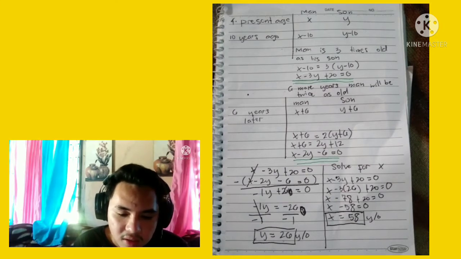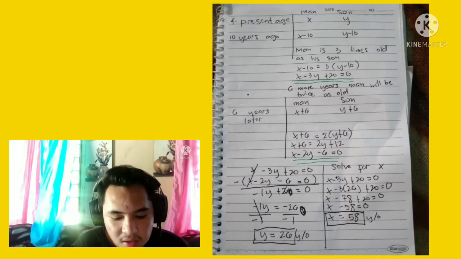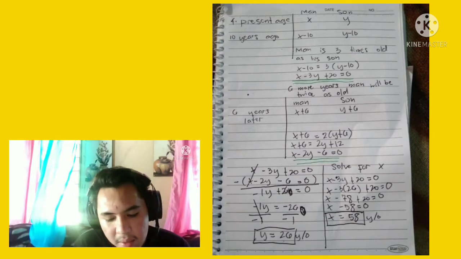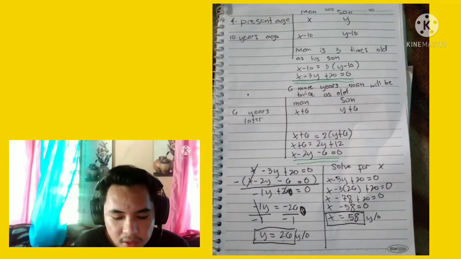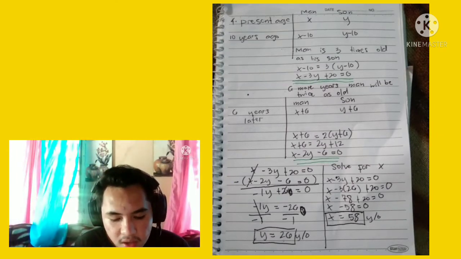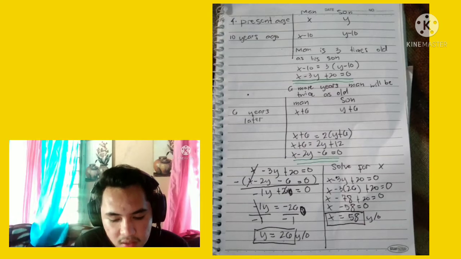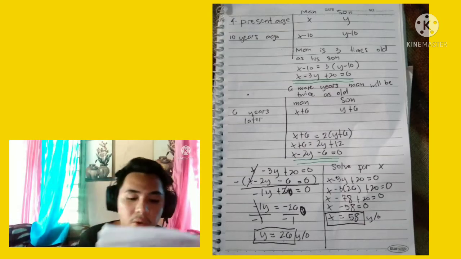Because in 6 more years, the man will be twice as old, x plus 6 is equal to 2 times y plus 6. So solving, x plus 6 equals 2y plus 12. And now we have our second equation, which is x minus 2y minus 6 equals 0.